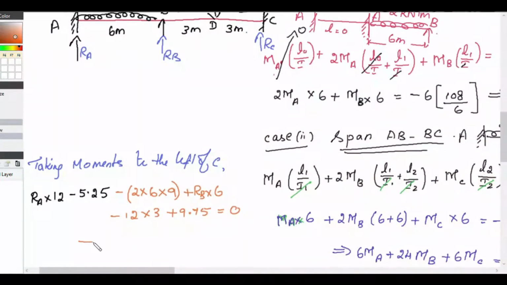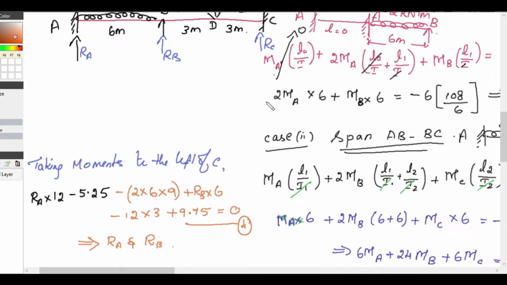So from this we will get an equation in terms of RA and RB. So this will be our equation. We will take it as equation 4 because we have 3 unknowns, right?